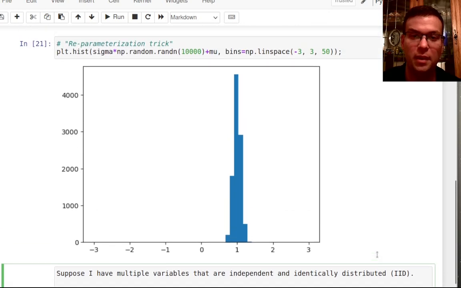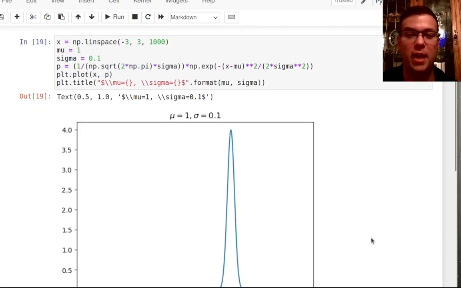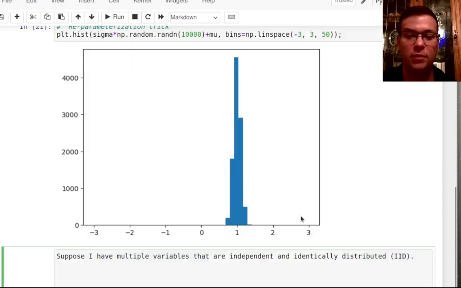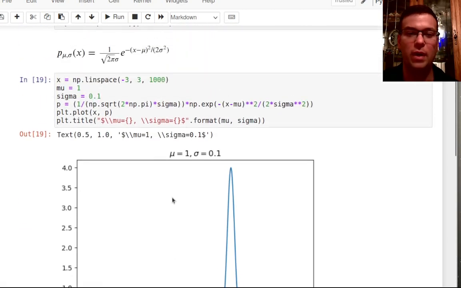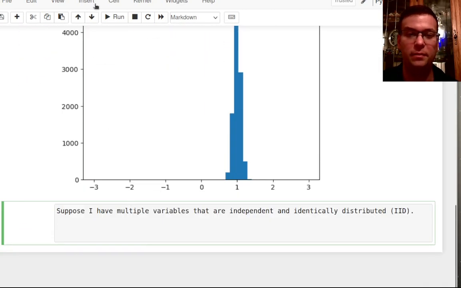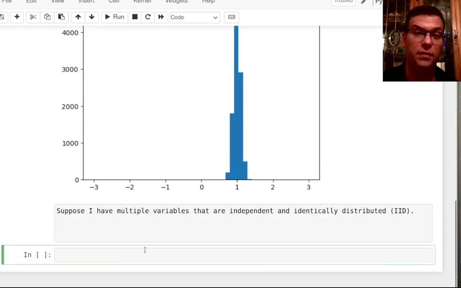So what we could say is, we have these two variables, maybe x and y, which both have the exact same distribution. If I were to assume I had a variable in x and a variable in y that were independent, what I could do is just multiply those probability distributions together. So I'll do a broadcast multiply here, and I'll show you what it looks like.